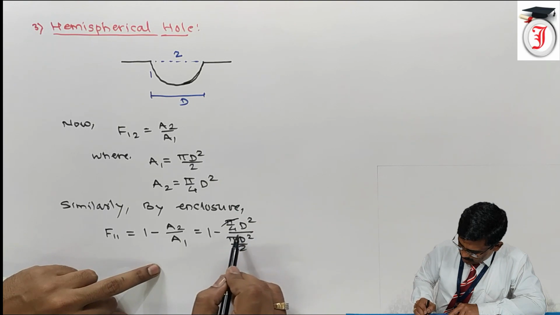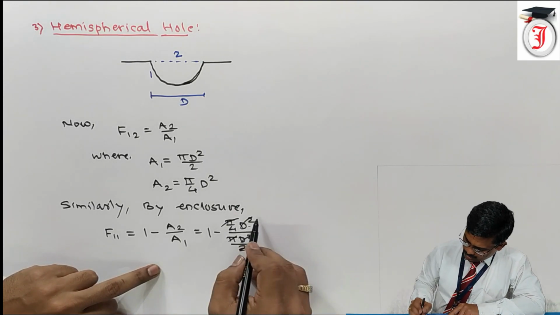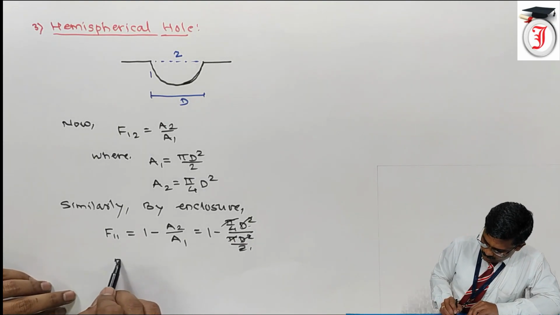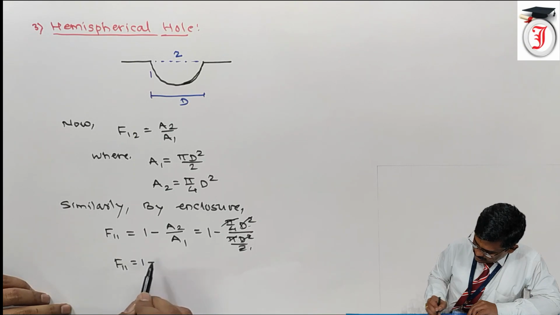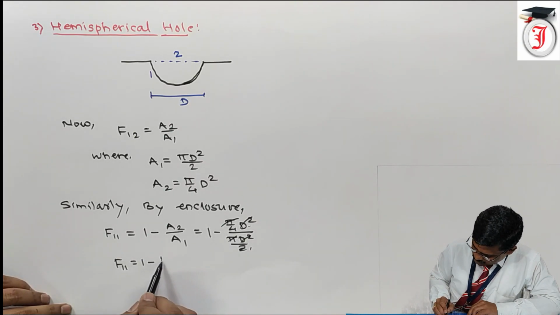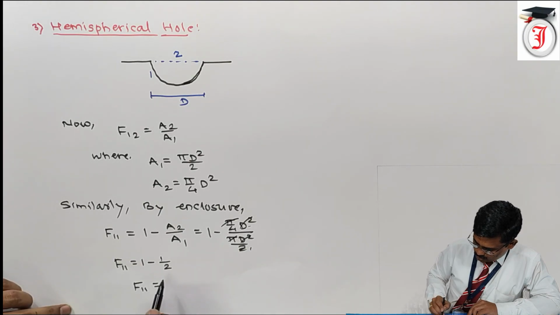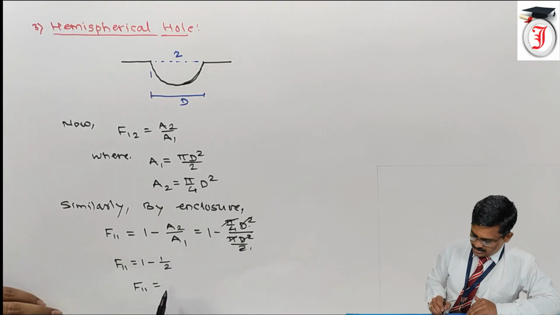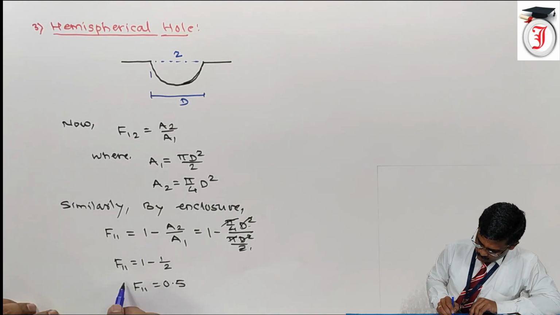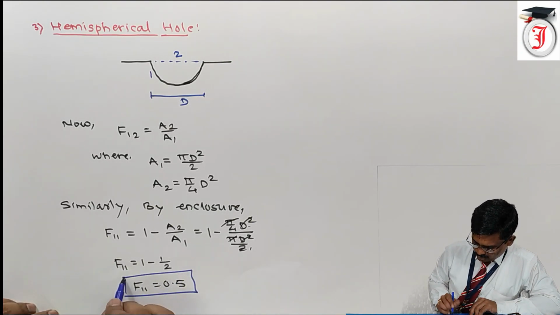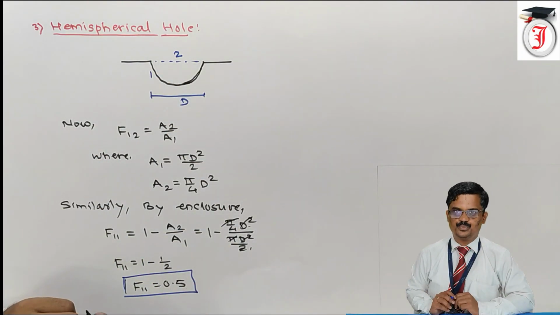Pi gets cancelled and d square gets cancelled, so it is 1 by 2. So F11 is equal to 1 minus half, which is 0.5. So the shape factor of the hole with respect to itself is 0.5. Thank you.